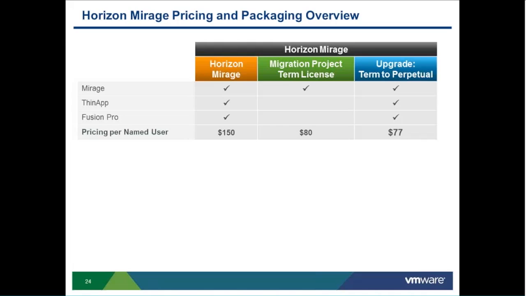If you have term licenses in place and want to upgrade to the complete Mirage pack, it doesn't mean that you have to pay the complete amount. No, you just have to pay the upgrade cost, and that will be perpetual licenses.